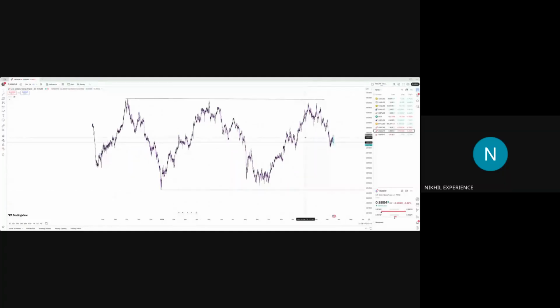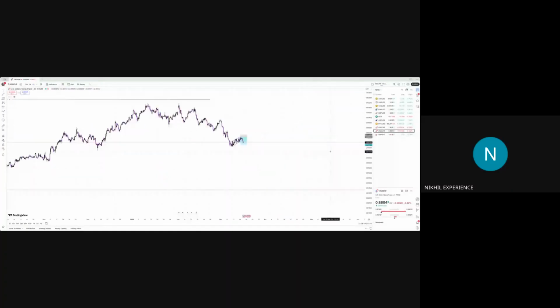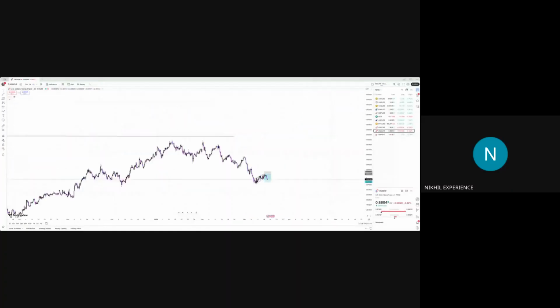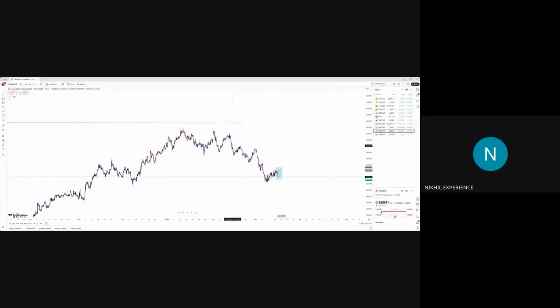Now you see how the 4 hours time frame is breaking it down: low, high, low, high, and low again. Now we understand that this is how price has been moving on this pair. It is in a downtrend. This is the last high, and this is the last low.